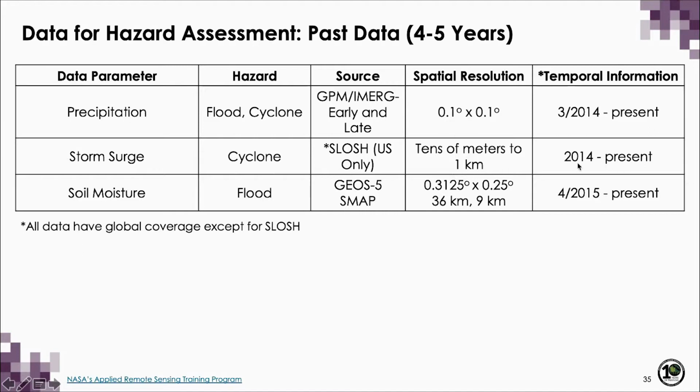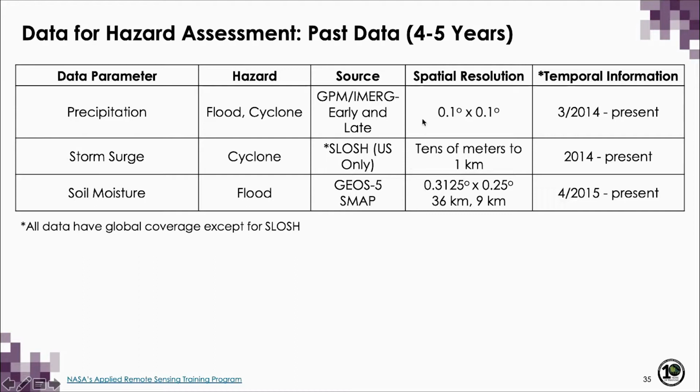That's available since 2014. Soil moisture is available for the past 4 to 5 years from these two sources. GEOS 5 is the Goddard Earth Observing System model version 5, and SMAP is the Soil Moisture Active Passive satellite that was launched in 2015, and the data are available from April of 2015.